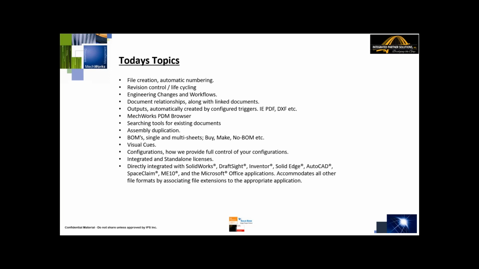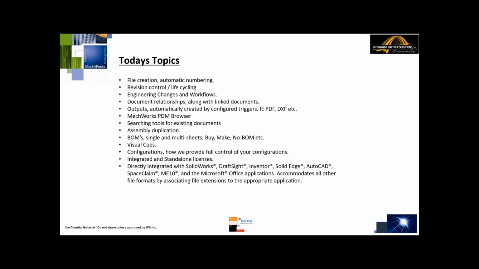We're going to look at outputs, how you can automatically create a PDF, DXF, or other file formats by configured triggers. We're going to go into the MechWorks PDM browser and see how MechWorks presents the information to the users in a clear graphical manner.